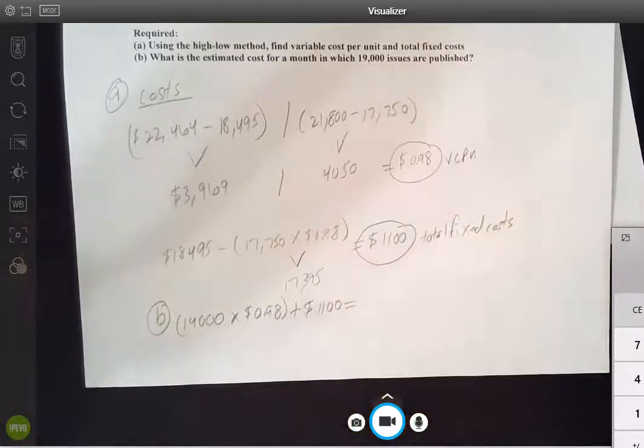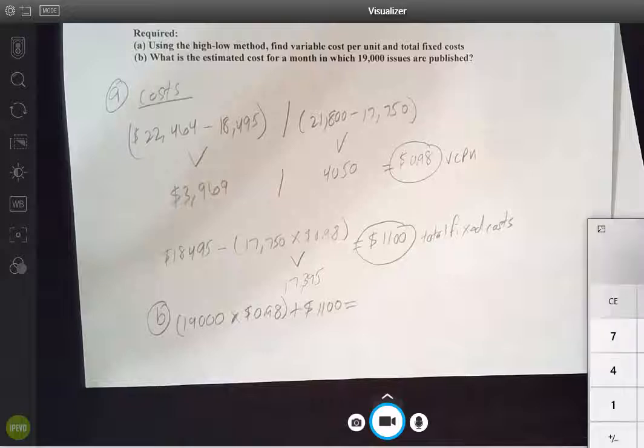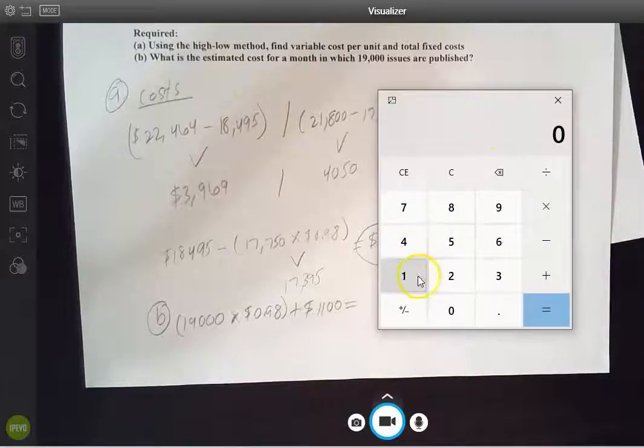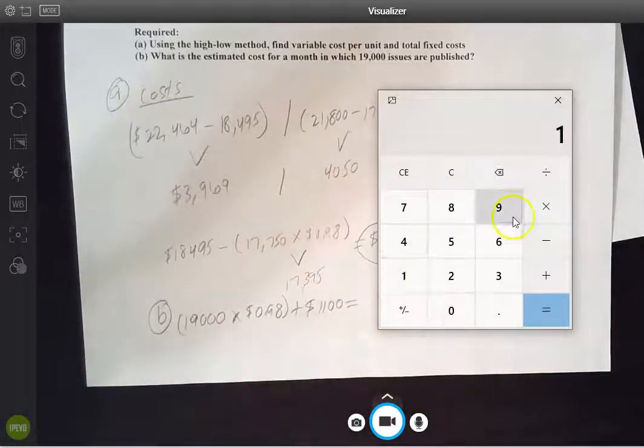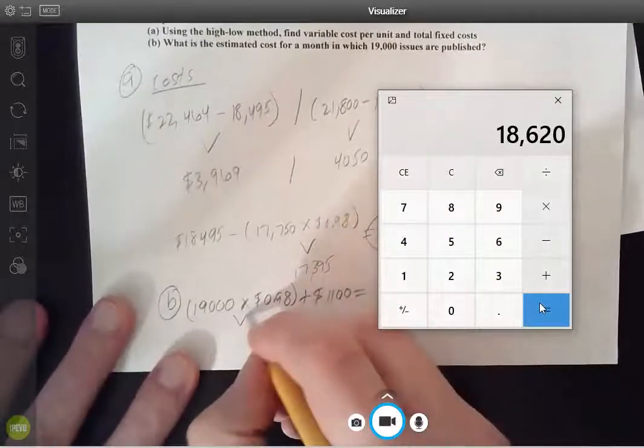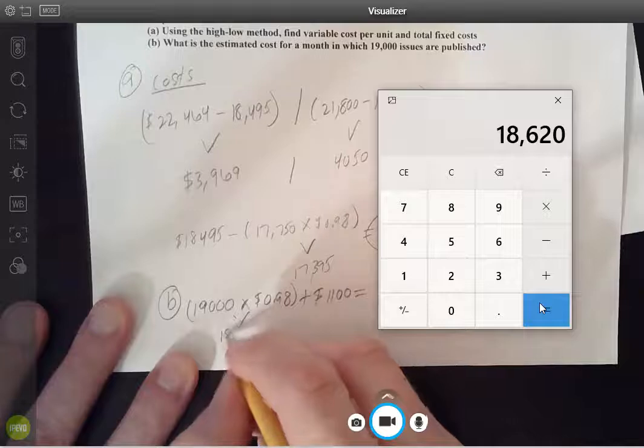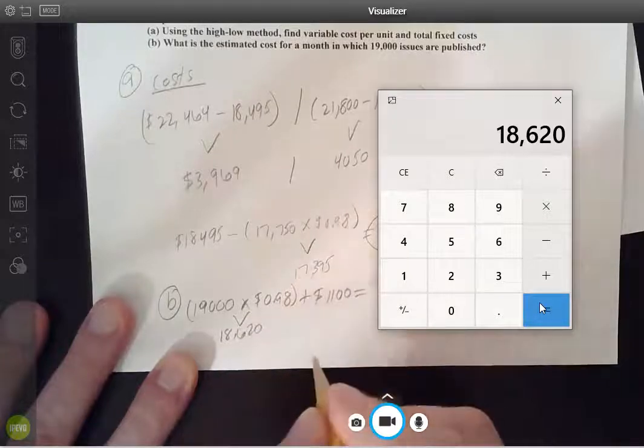Okay, so let's bring the calculator back over for just a moment. Let's take 19,000 times 0.98. And that's going to give us 18,620.